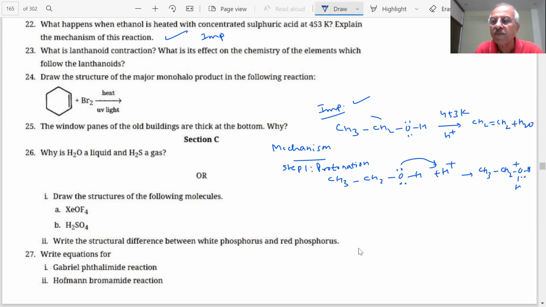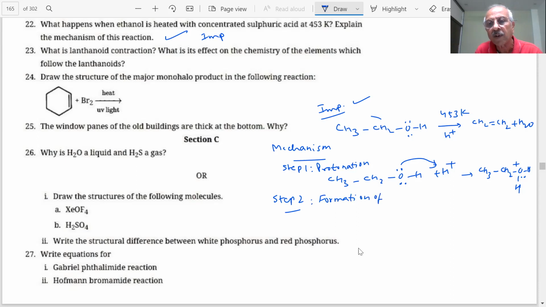Now oxygen carrying a positive charge is not stable because oxygen is an electronegative element. It will try to get its electrons. So oxygen will try to take the electrons. Step 2, student, is formation of carbocation.